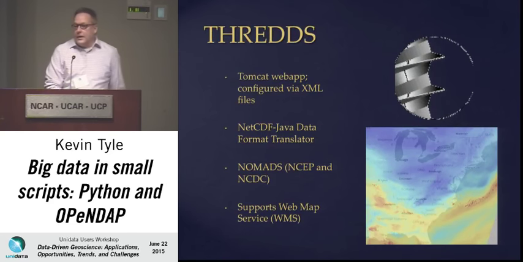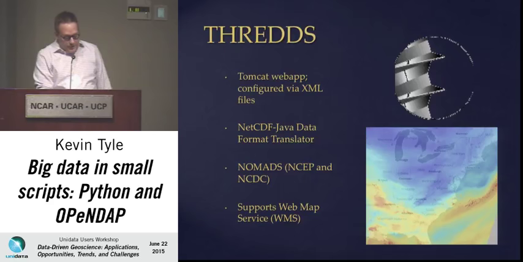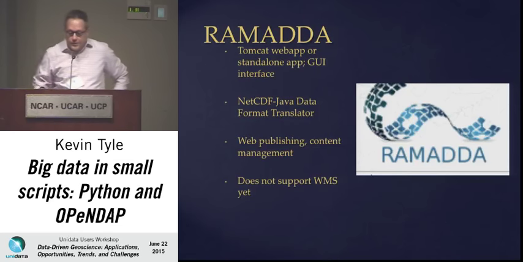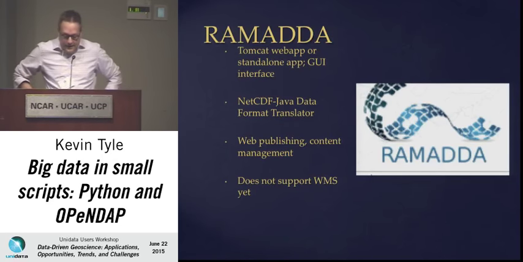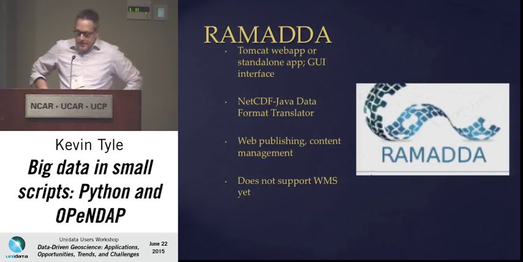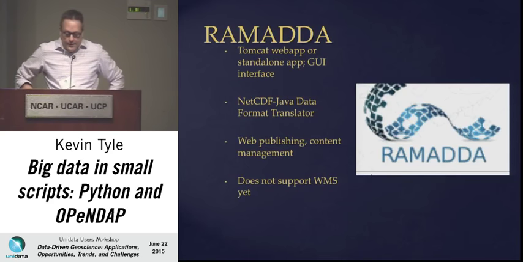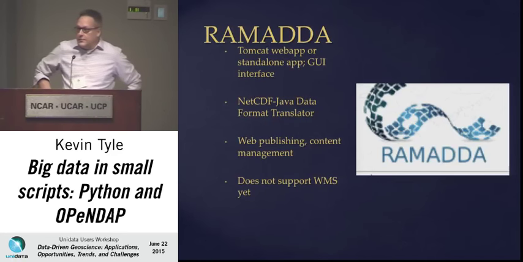THREDDS also enables some other cool ways of visualizing things, such as WMS, Web Map Service. RAMADDA, originally developed at Unidata, and now continuing to be developed independently by the two developers, Jeff McWhirter and Don Murray, and available on SourceForge, also leverages the netCDF-Java library.